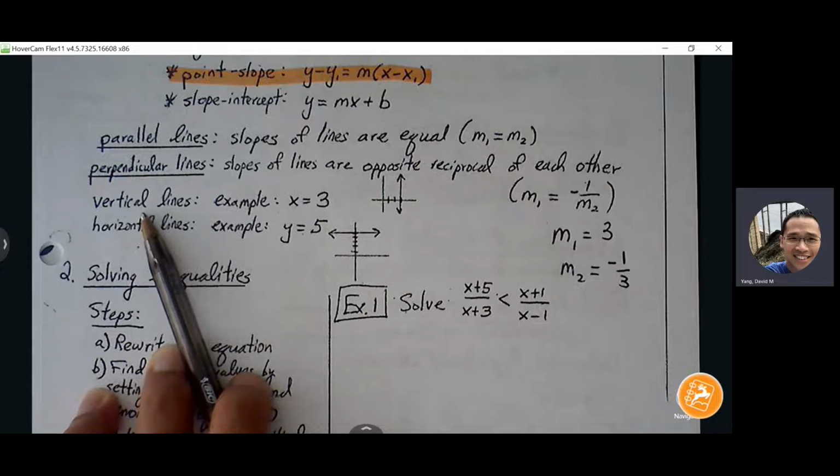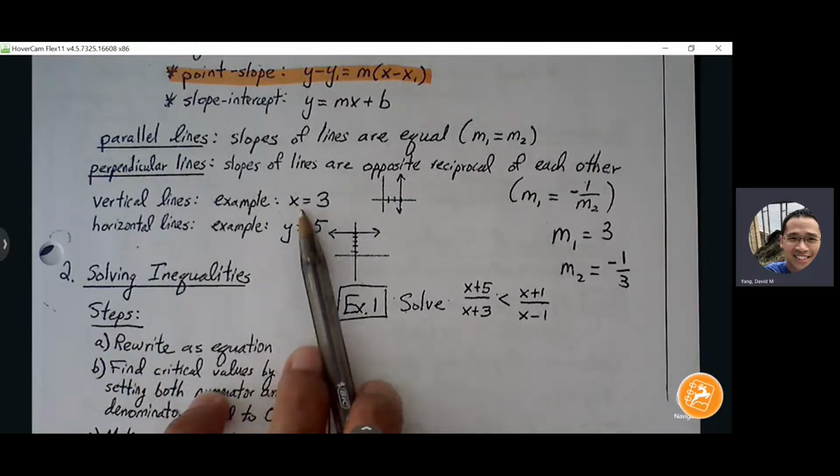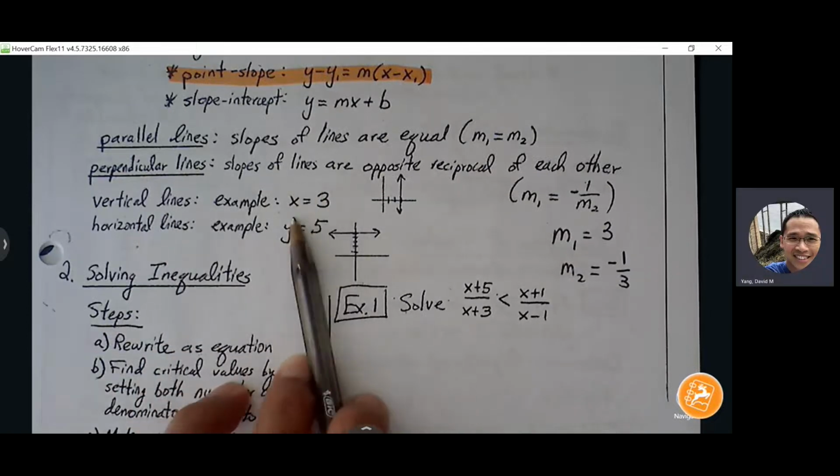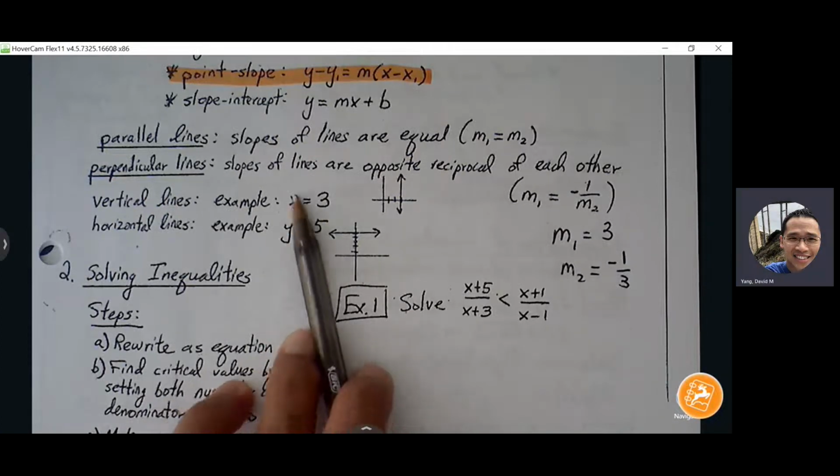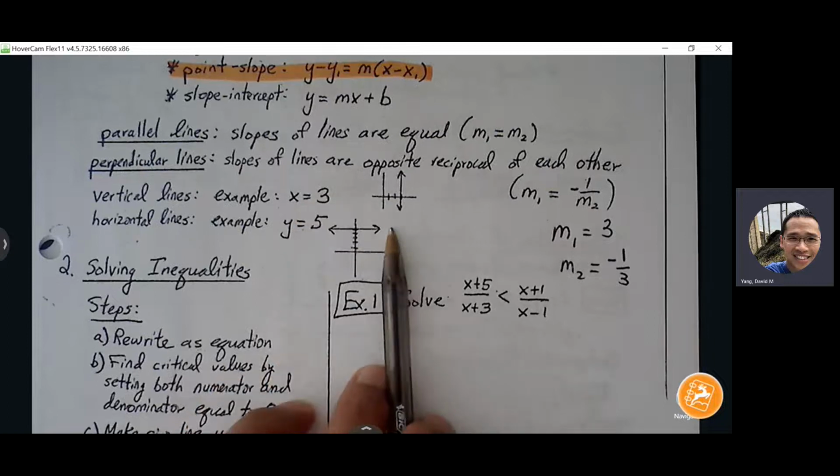Okay, vertical lines. Vertical lines have this form: it's always x equals a number. This looks like just solving an equation and solving for x, right? But this is actually the equation of a vertical line.